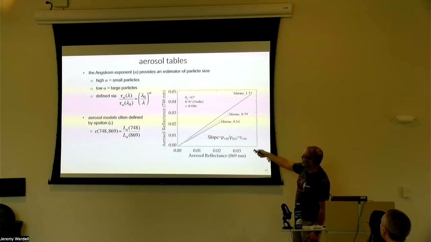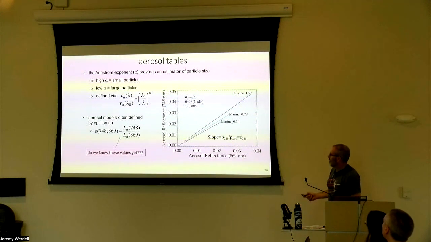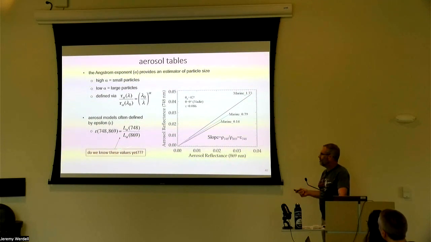You have the shorter band here and the longer band here, which is just that ratio. And the slope of the line also varies with particle size, so you have some competing information here as well. But again, do we know these values yet? We're really just setting up the framework and the equations. We still don't know what these are.